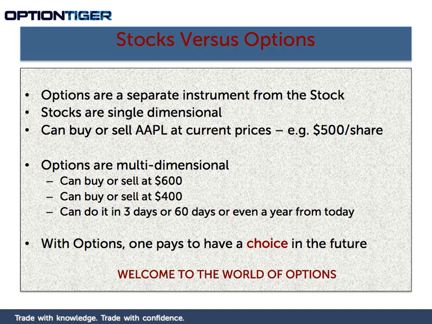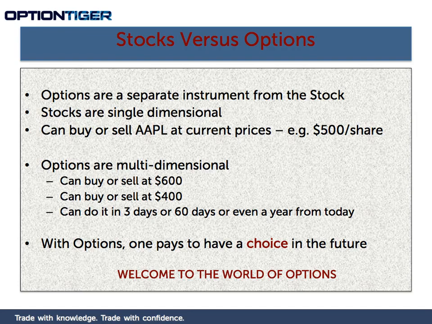You could put in a limit order to buy at a price that is very different from where the current price is, or you could put a limit order to sell the stock at a price that's very different from what the current price is.